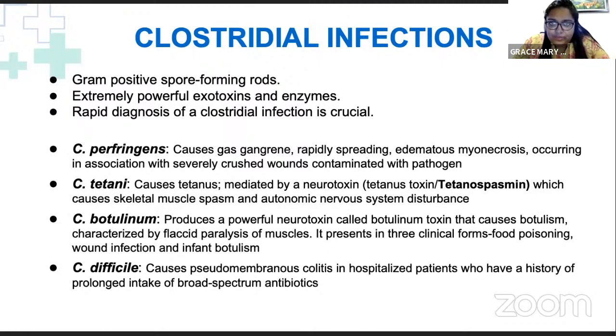And being in a healthcare setup, to me, the most notorious one is Clostridium difficile, and it is usually and exclusively because of the overuse of antibiotics, overuse of broad spectrum antibiotics. So what happens is that, like I said, your gut has a lot of bacteria, and in the previous lectures, I might have mentioned that your gut has a lot more bacteria than the whole number of cells in your body.